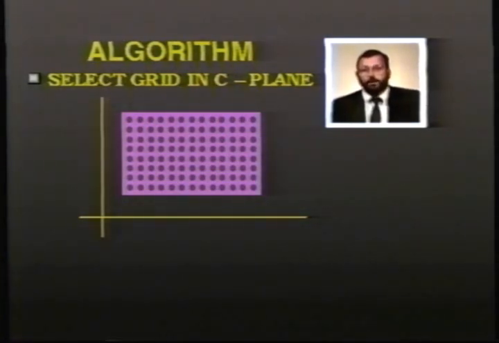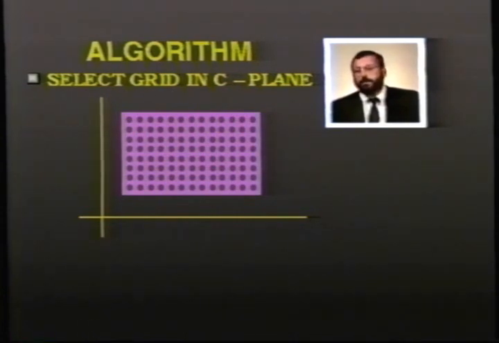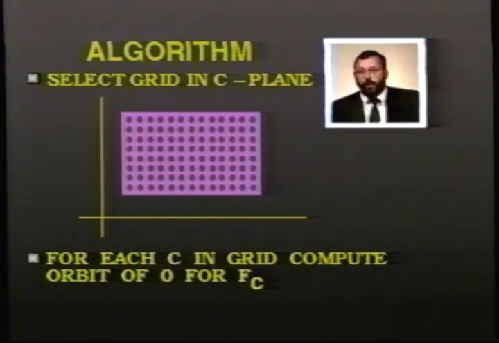What we basically do is search for those c values for which the corresponding orbit of 0 does not escape to infinity. Those c values are then in the Mandelbrot set. So we'll select a grid in the complex c plane. Each point in this grid will represent a complex number c. For each such grid point, we'll select c and compute the corresponding orbit of 0.